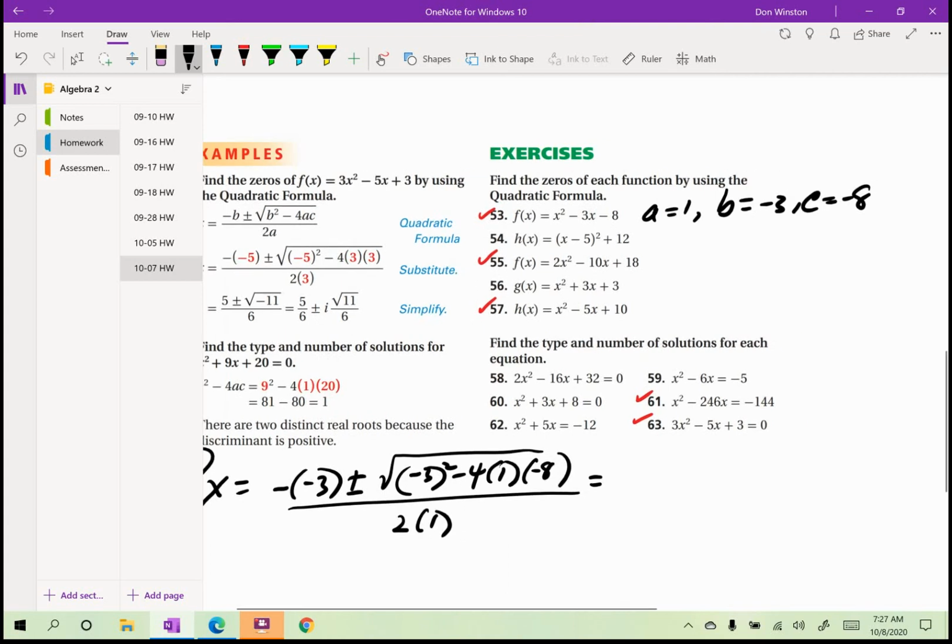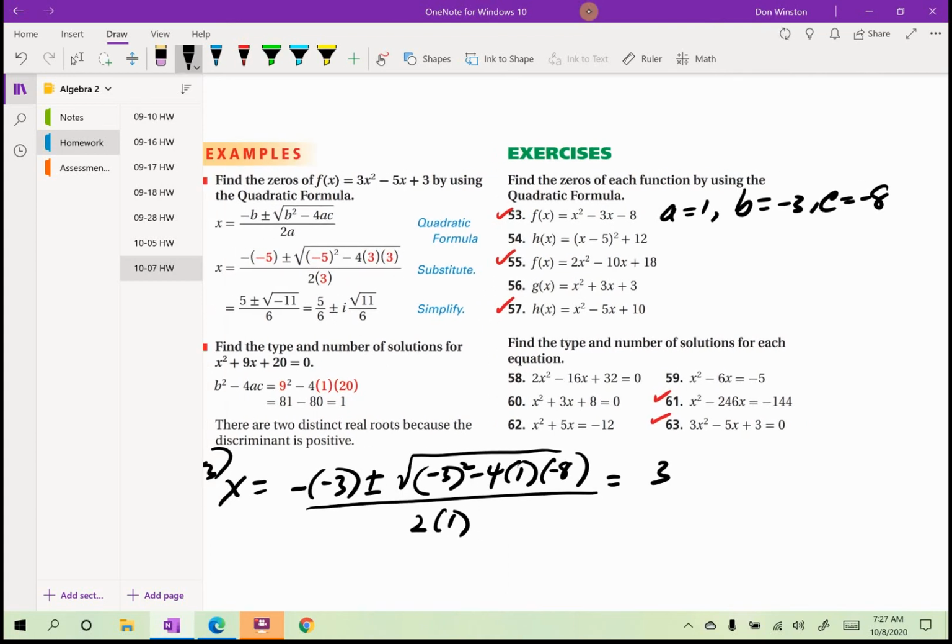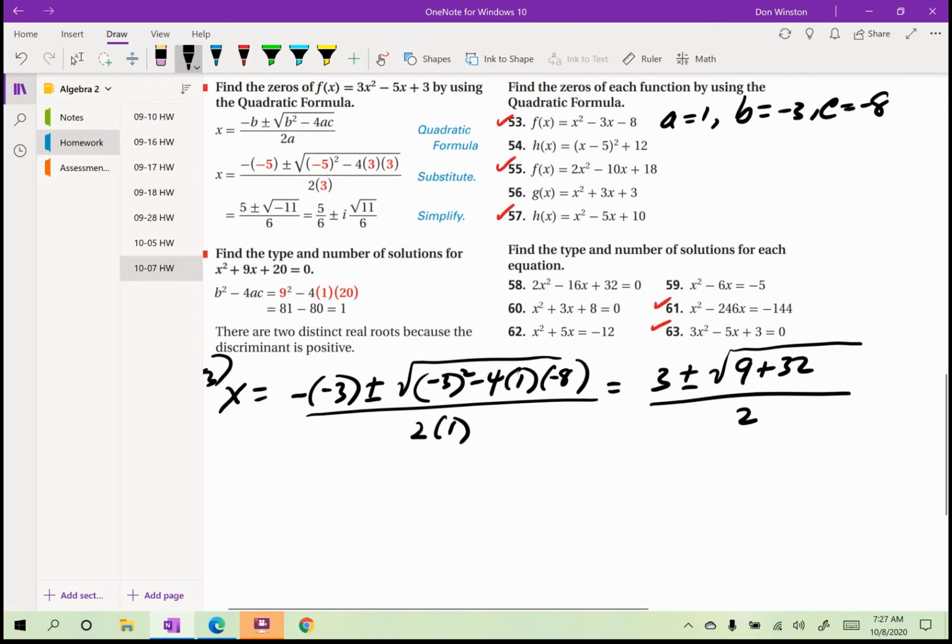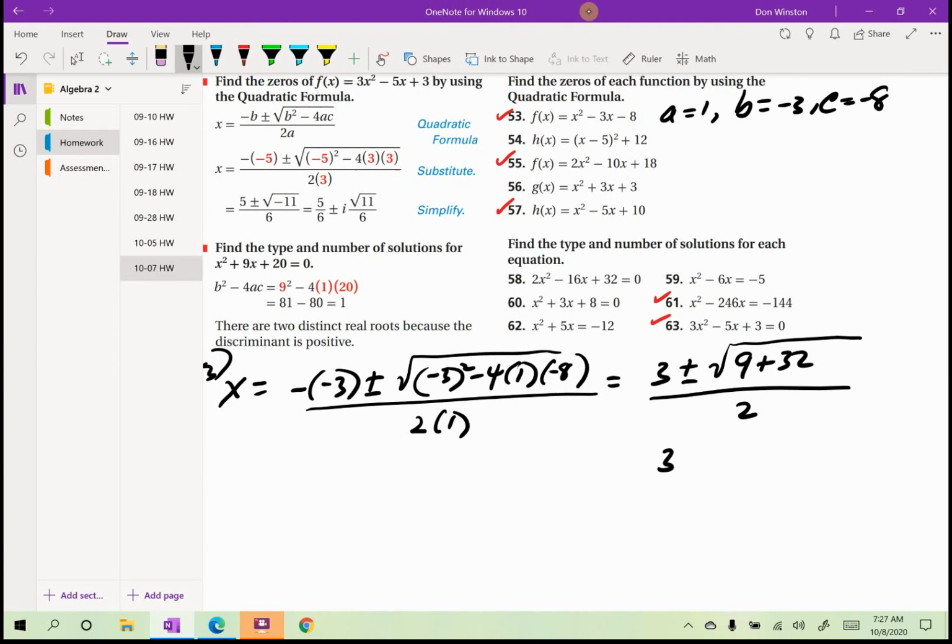Negative 3 squared is 9, and negative 4 times 1 times negative 8 gives you a positive 32, all over 2. And then we have 3 plus or minus the square root of 41 over 2.